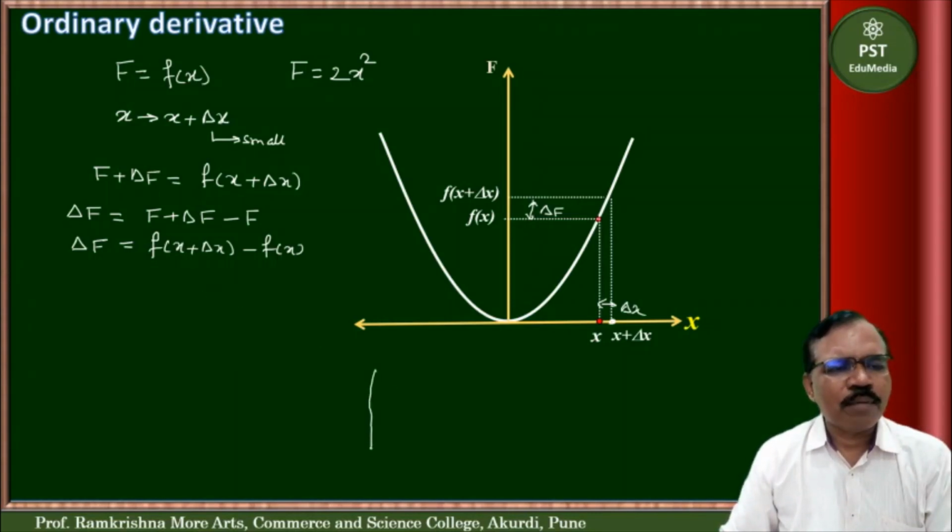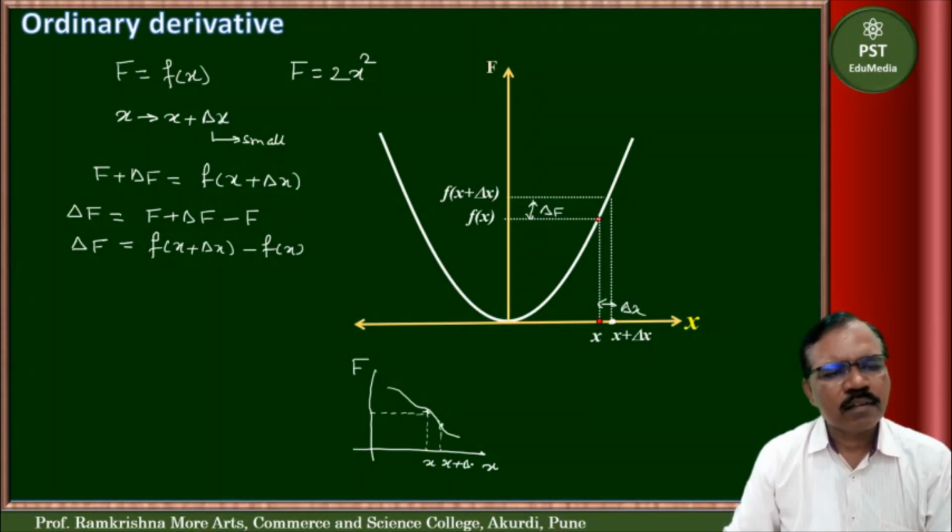Suppose we have a graph like this, f versus x, and suppose we take this x. Corresponding to this x, we have function f. And if we take x plus delta x somewhere here, then here the value of function decreases. So f of x plus delta x. So in this case, delta f will be negative.